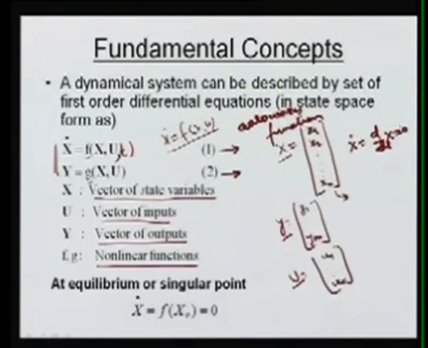The function f can be linear or nonlinear. In power system it is nonlinear, but if it is a linear function, then you will have only one equilibrium point or singular point. However, if you have a nonlinear function f, it may have more than one singular point or equilibrium point. So in a nonlinear system the equilibrium points may be several, but in a linear system it is one, and that is unity.